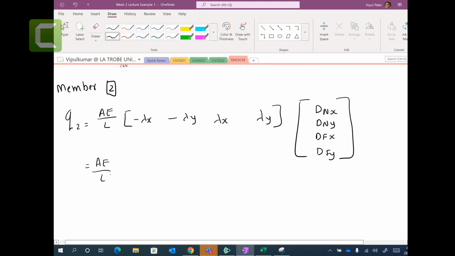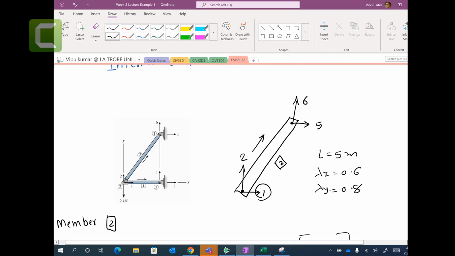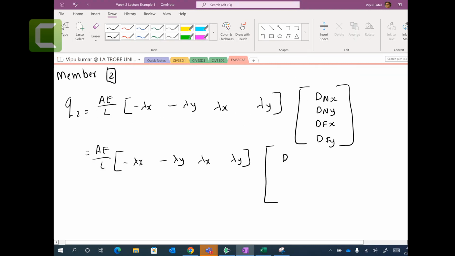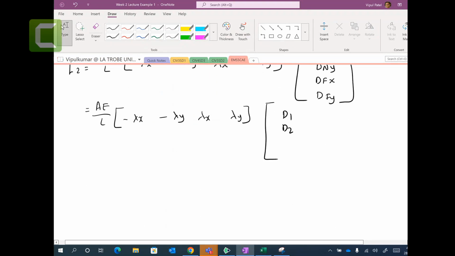AE over L, minus lambda x, minus lambda y, lambda x, lambda y. The tail is the near node. This head is the far node. So 1, 2 is the near node, D1, D2, and the far node is 5 and 6, so D5 and D6 are the far nodes.